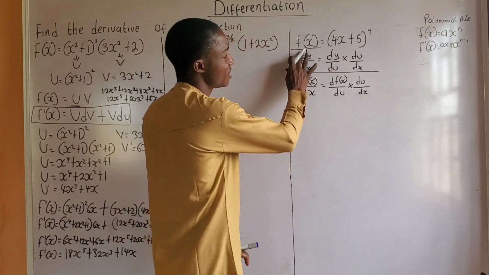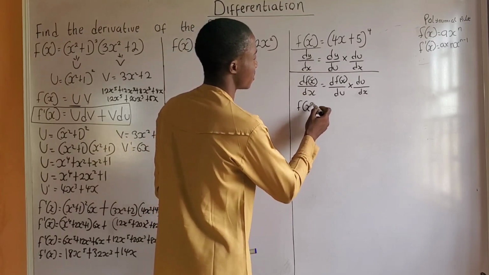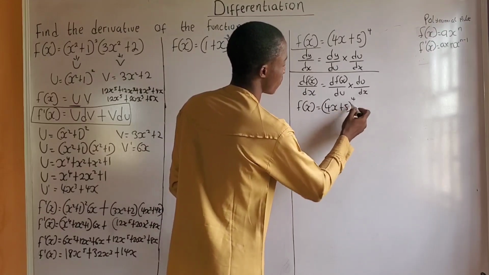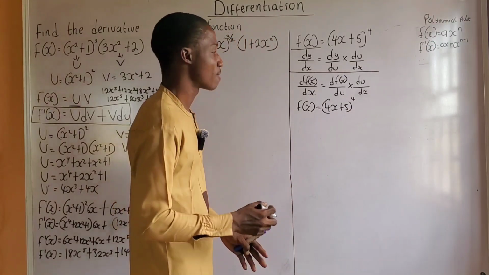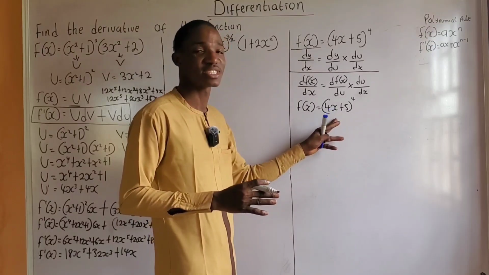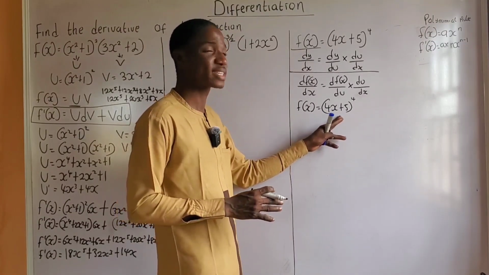To differentiate this function, f(x) equals (4x + 5) raised to the power of 4, the first step is that you have to set u equals to the function inside the bracket. The function inside the bracket is what? 4x + 5.